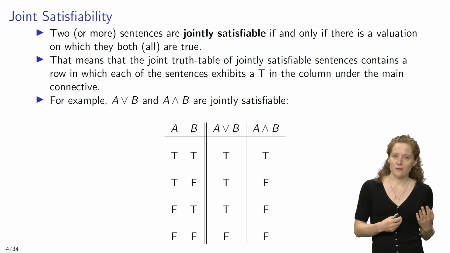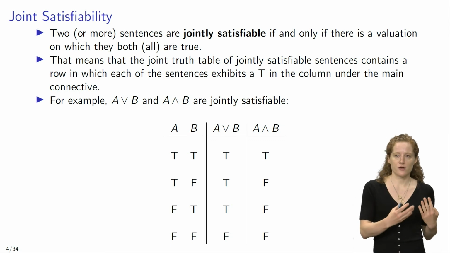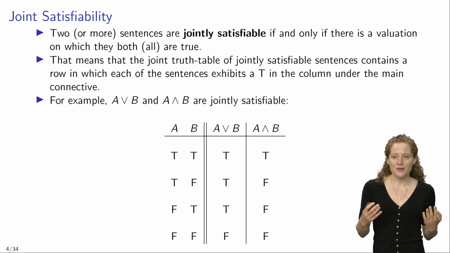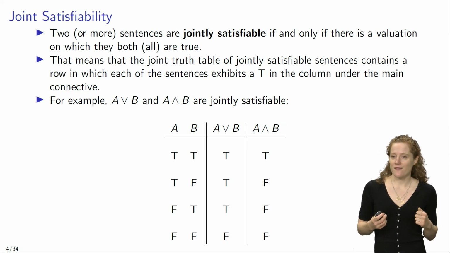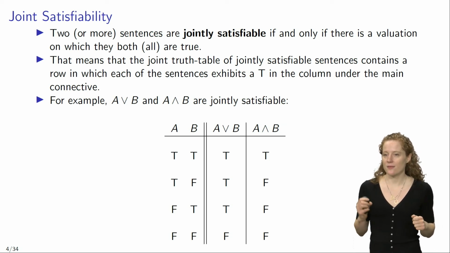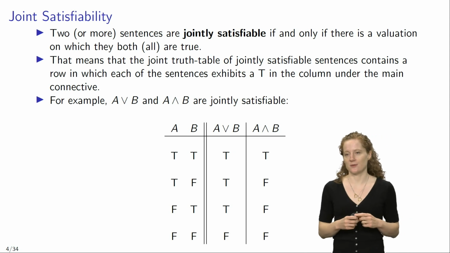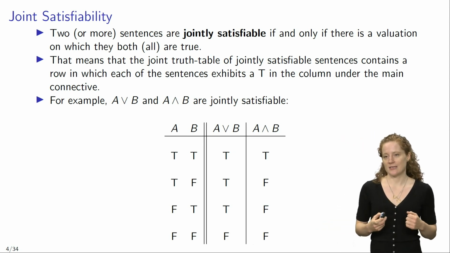So for example, the two sentences A or B and A and B are jointly satisfiable. And you can verify this assertion by looking at the first row of the truth table exhibited at the bottom of that slide.